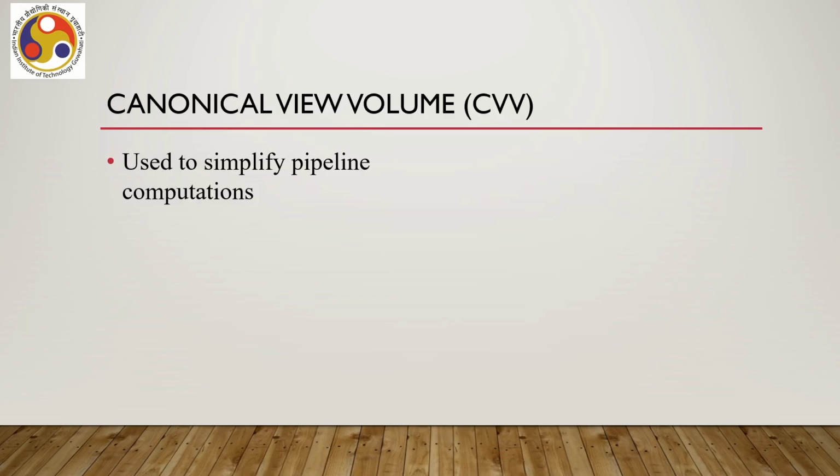Now, there is a concept called a canonical view volume. So, remember we talked about the clipping operation, that is discarding objects that are outside the view volume. Now, to discard the objects, if we go by the naive, simplistic, most intuitive method, then we have to compute the intersection of the view volume boundaries with the object boundaries.